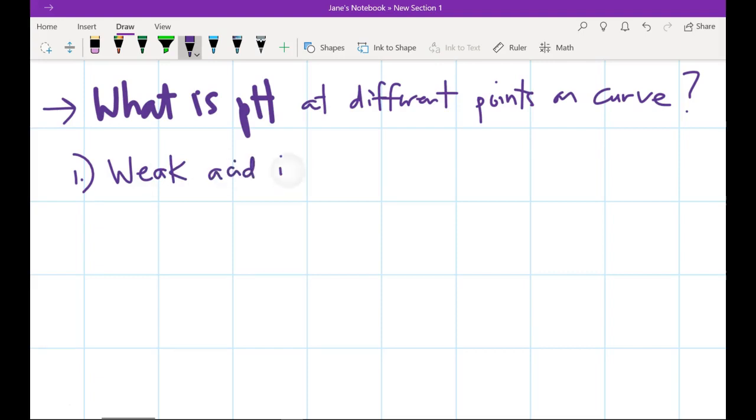initially, and you're going to titrate it, but you haven't started titrating it yet. So you just have the weak acid in solution. You're looking at an equilibrium reaction for the acetic acid in water.